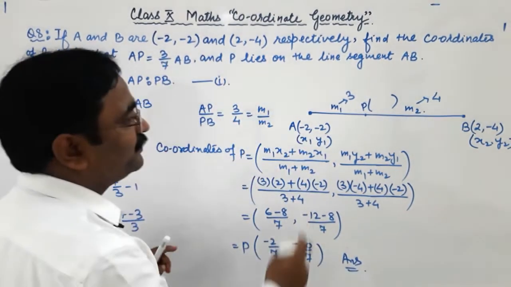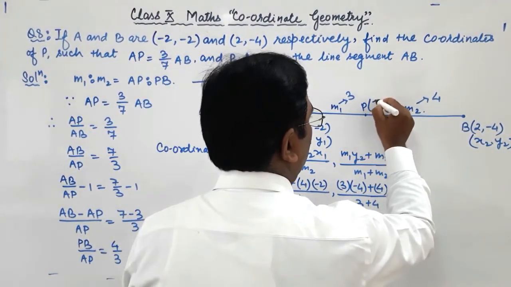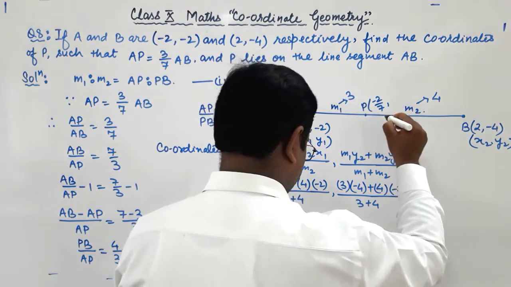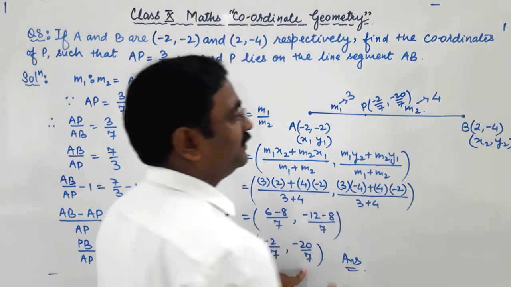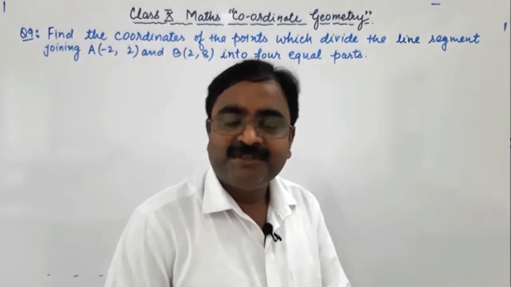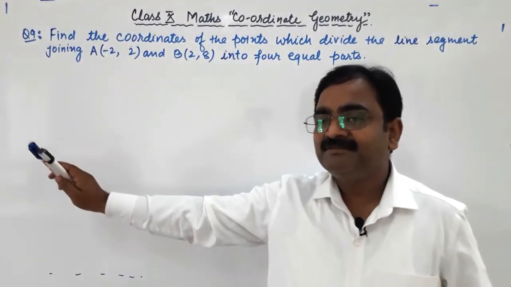So the coordinates of this point P will be minus 2 upon 7 and minus 20 upon 7, right friends?